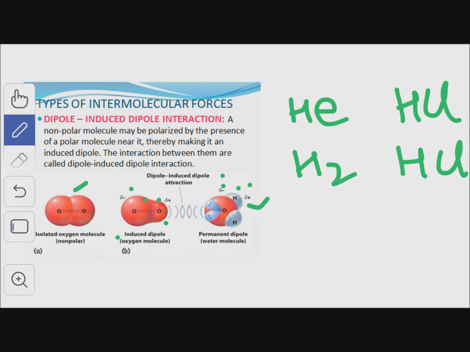These are the examples of dipole induced dipole interaction. And these forces were studied by Debye in 1920, and the effect is called the induction effect.